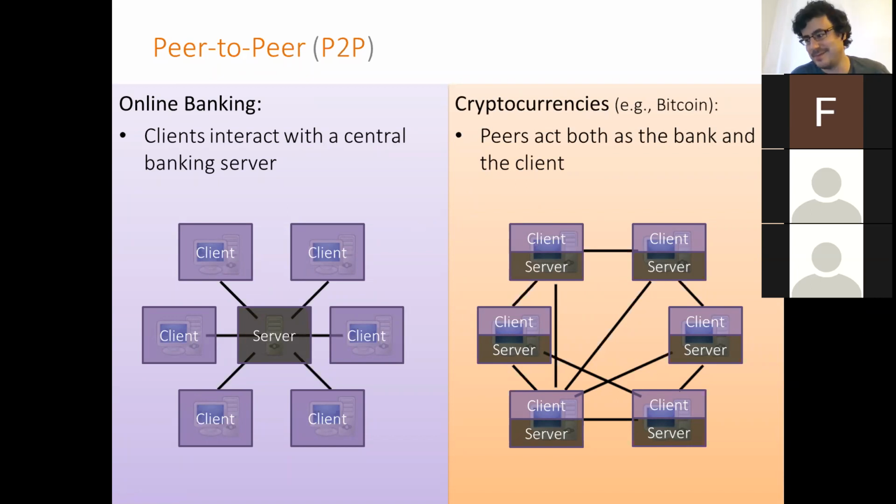I don't know if there are cryptocurrencies that don't use anything like the blockchain, but essentially the peers act both as the bank and as the client. So specifically here, the miners are acting as the bank, but anyone can be a miner in the network. And then the clients are the people making the transactions.